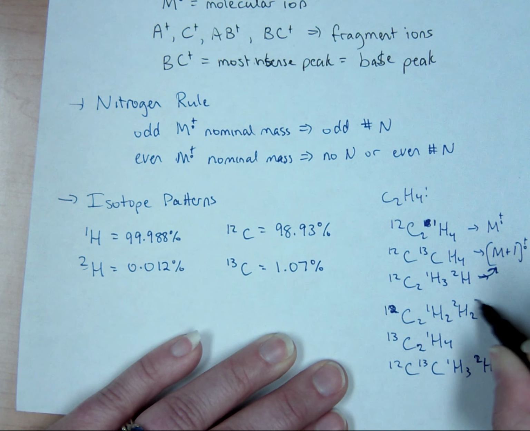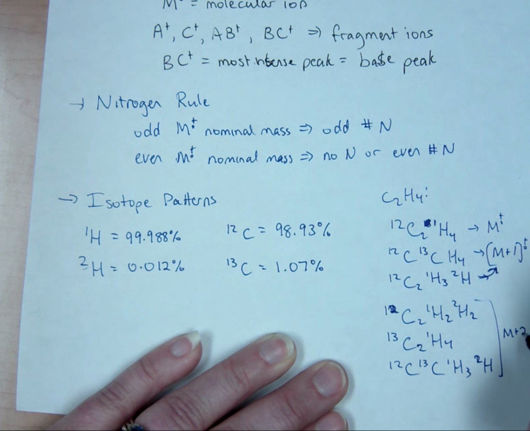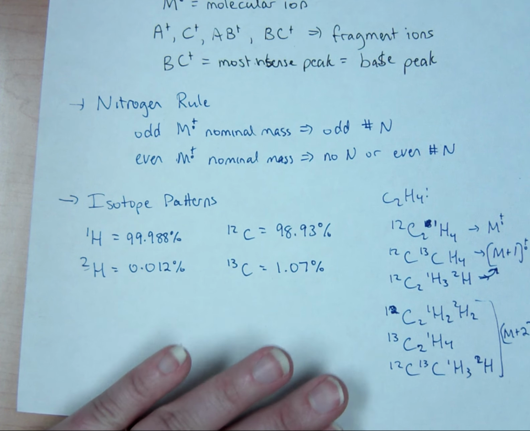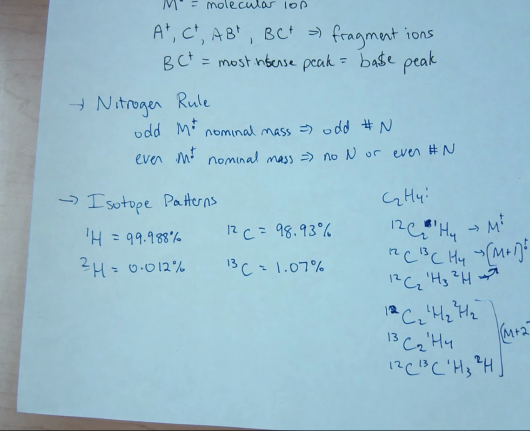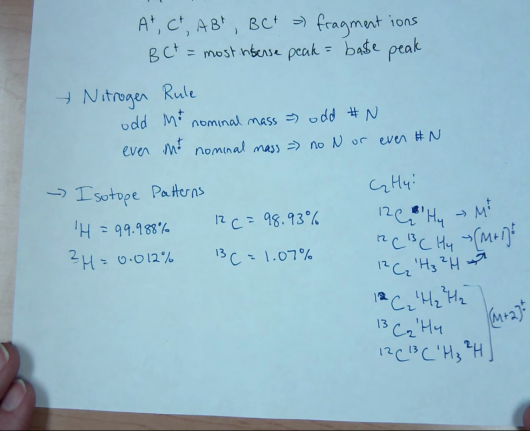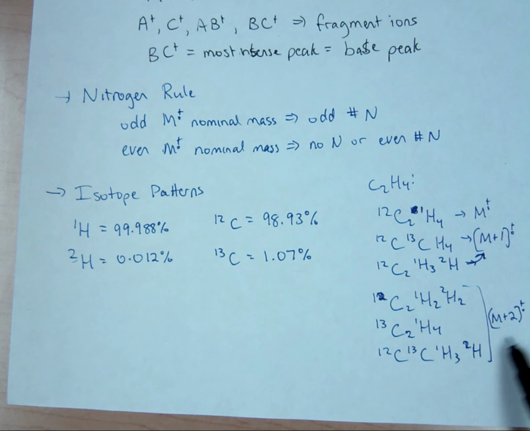All of these would lead you to the M plus 2. So you see, as our molecules are much larger, the likelihood of getting to an M plus 2 or an M plus 1 gets higher and higher.